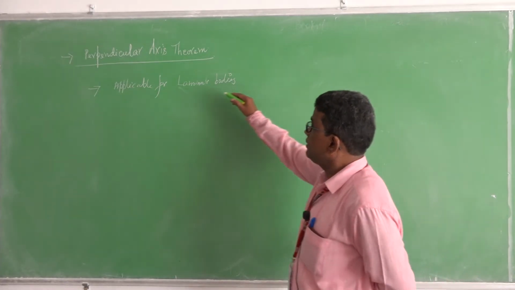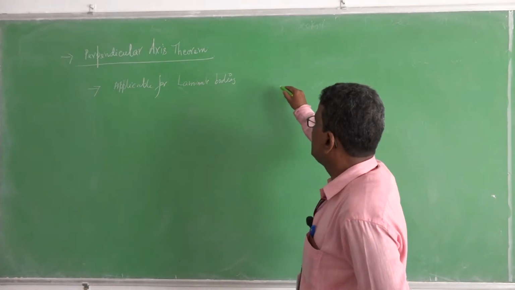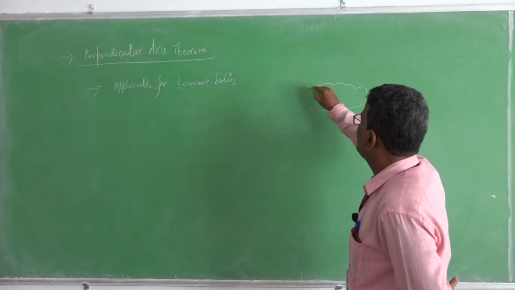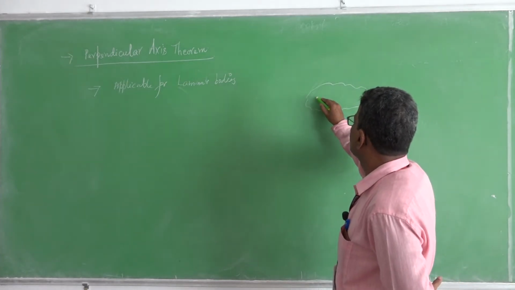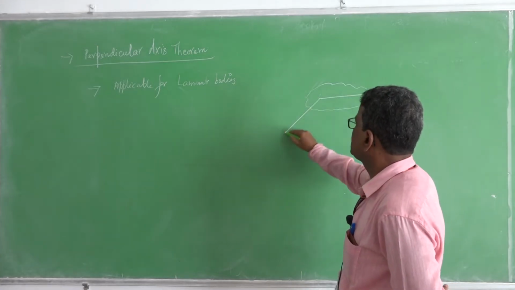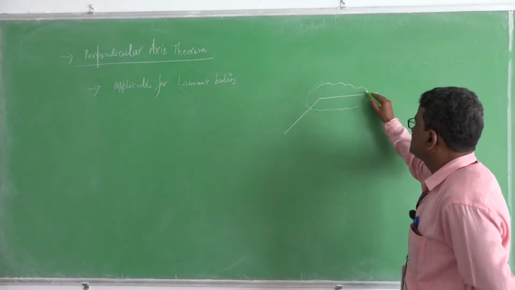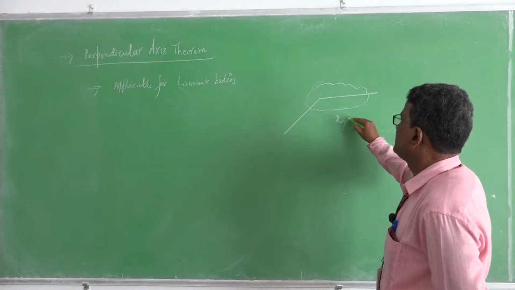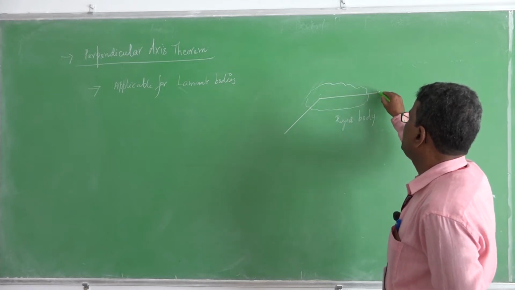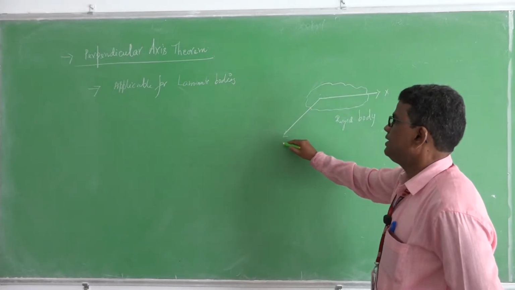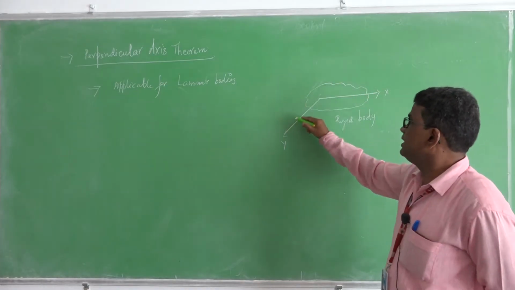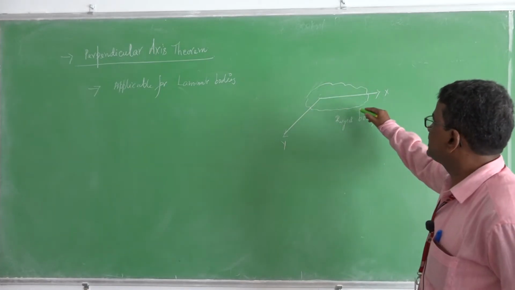This theorem says: let us consider a laminar planar object, a rigid body. You consider two axes in its plane, let the first be the x axis and the second the y axis. These two axes are in the plane of the object.